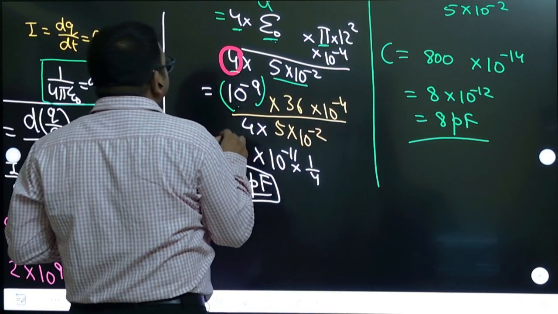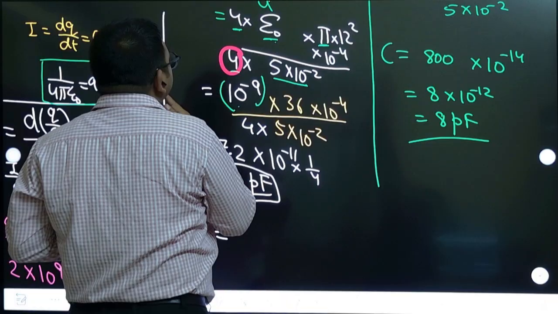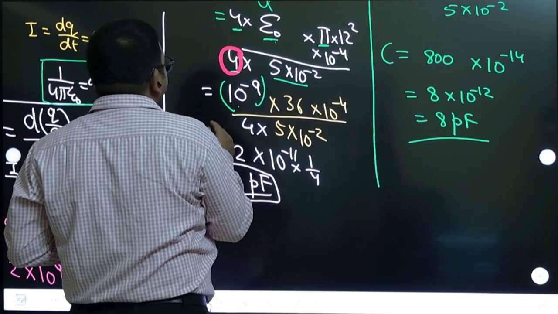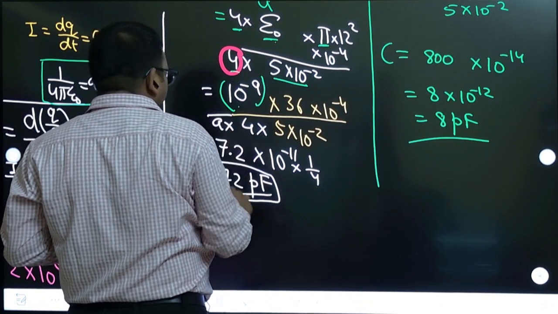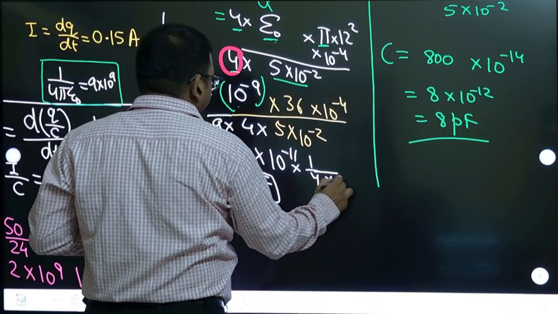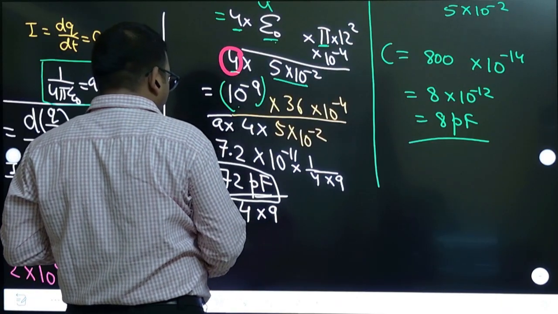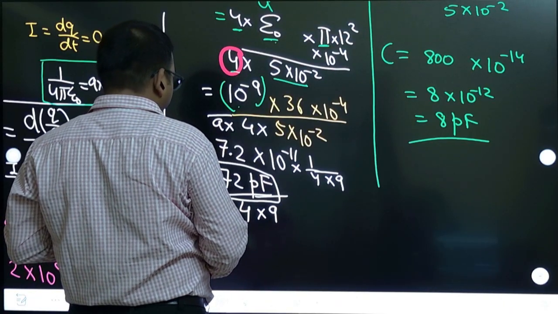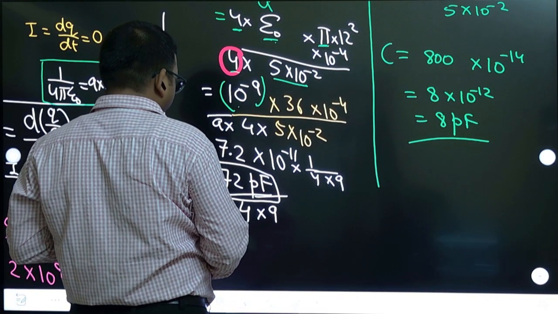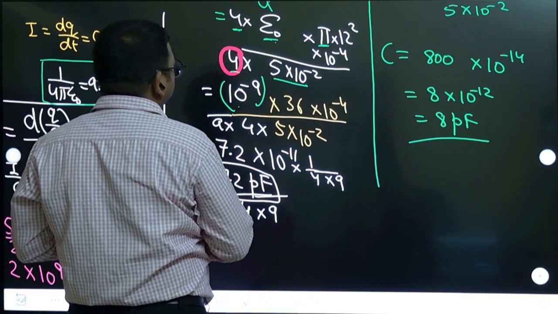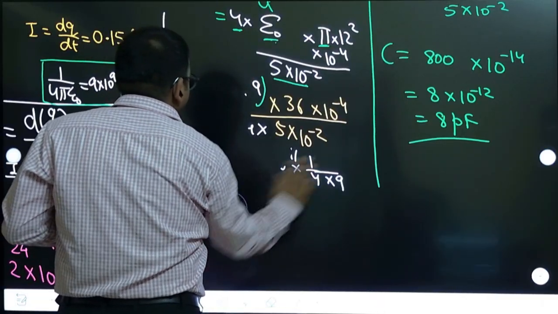So 9 also will go in the factor in the denominator, right? Because 10 to the power 9, we have to inverse that. So that means extra 9 will also come here, correct? Then how much is it? 36? No. Let me check this calculation again. Somewhere we made a mistake.